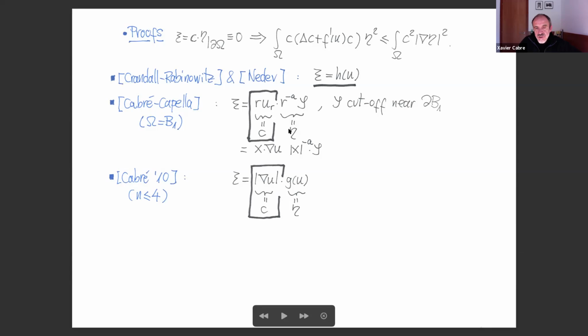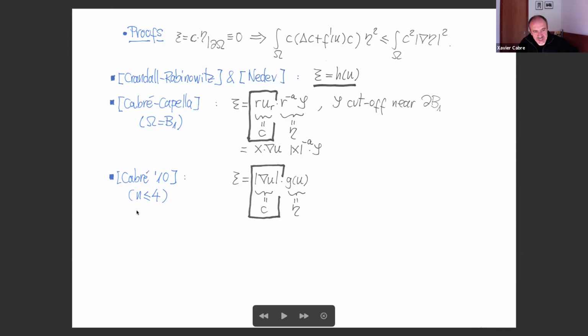And then the eta function will be a negative power of the distance to the origin, like in minimal surfaces. Minimal surfaces, you also take these negative powers of the distance to the origin. Like in Hardy's inequality, this is quite natural. But the important thing is how you choose C. And this is what we did in the radial case.